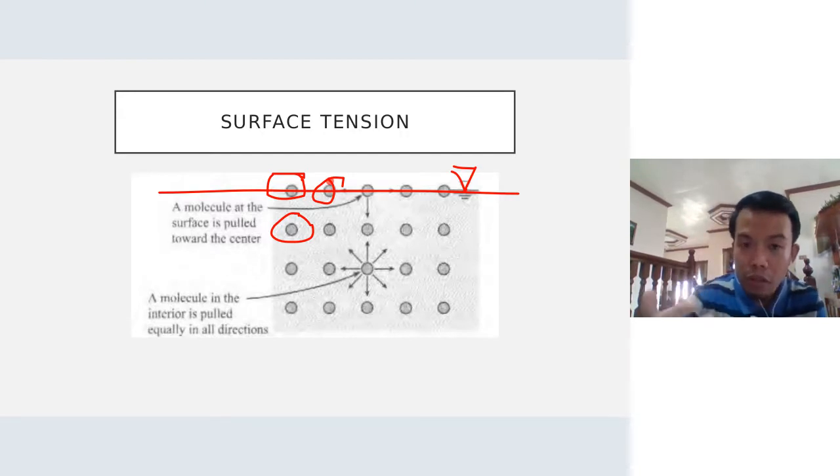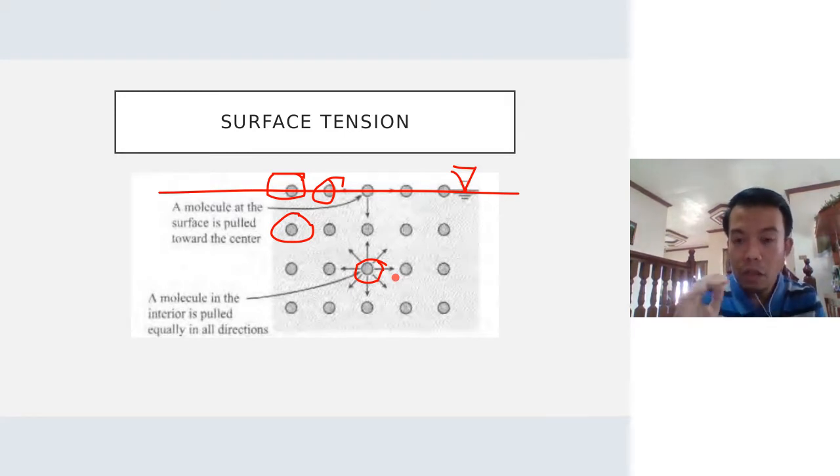Now, because molecules attract one another, molecules in the interior of a liquid are attracted equally in all directions. So we can see here, this molecule is attracted to this molecule, this molecule, to this molecule, to all of the molecules in its immediate surrounding.